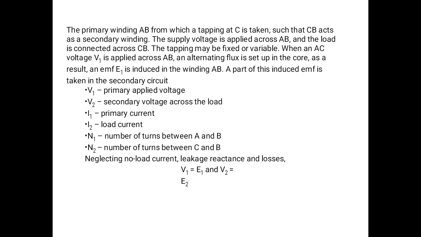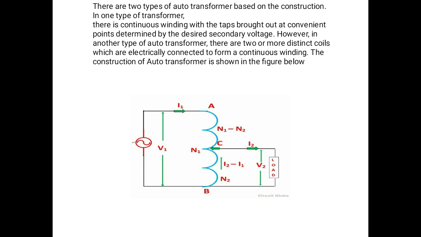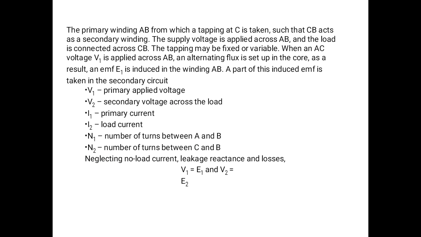The supply voltage is applied across points AB and load is connected across CB. And the tapping may be fixed or variable. It means we can change the taps or we can keep it fixed.